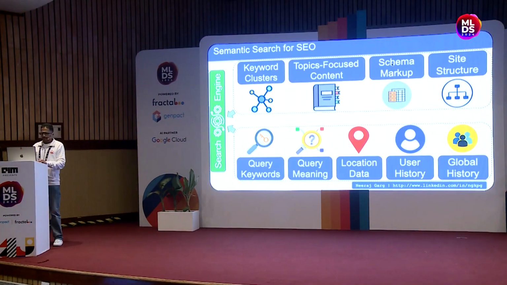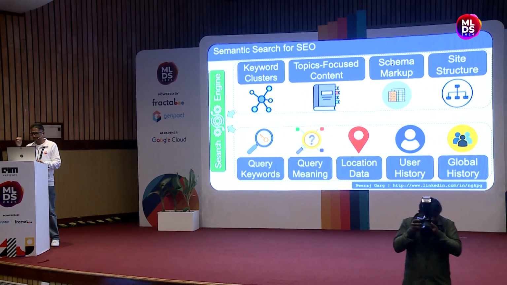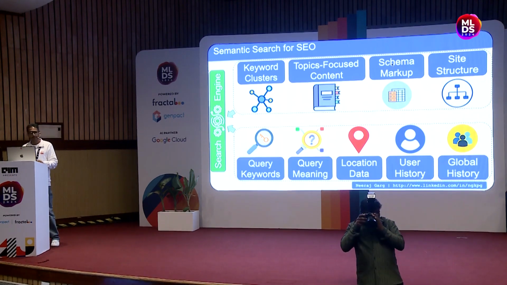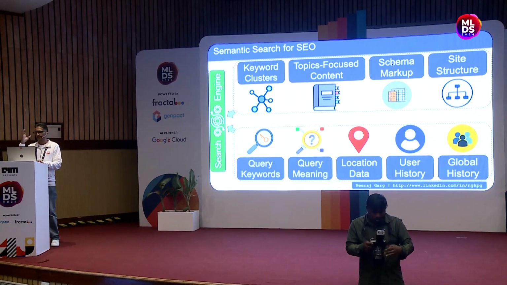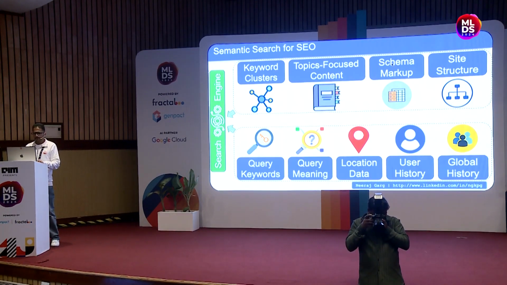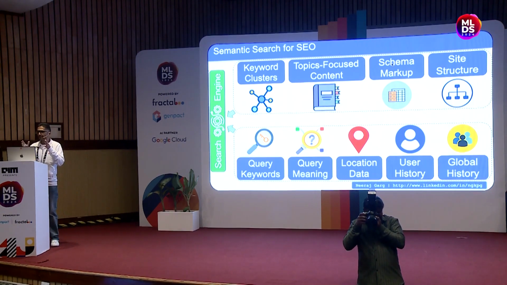Okay. So how does semantic search work for search engines? Well, when we type in a query, like I just did, it not only extracts the keywords and the meaning from the query, but it also extracts and uses many other signals like location data, user history, and global history. All this is fed into the search engine. Now, what can we do to ensure that our web pages secure a good rank when the user searches for something relevant to our web pages?